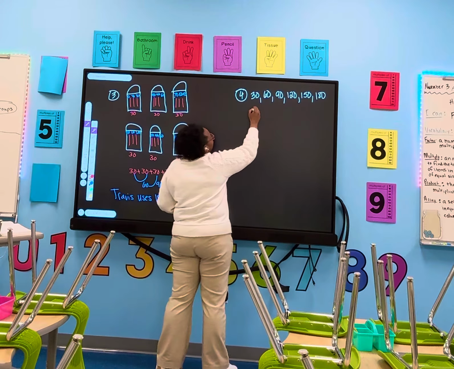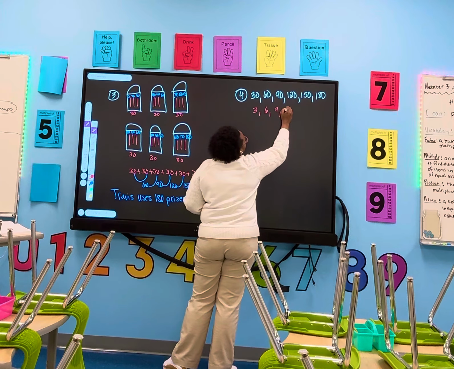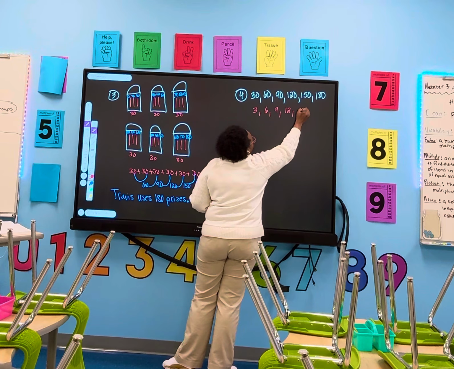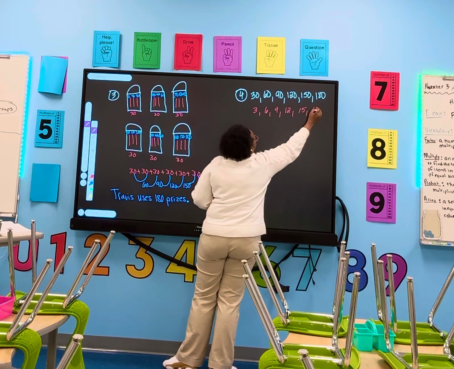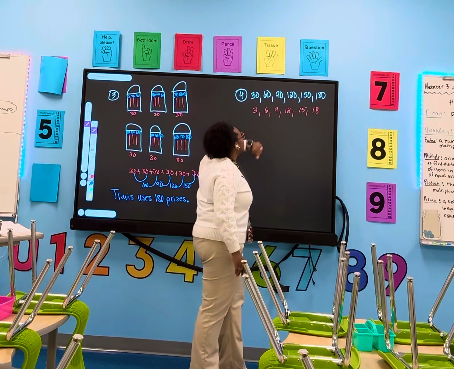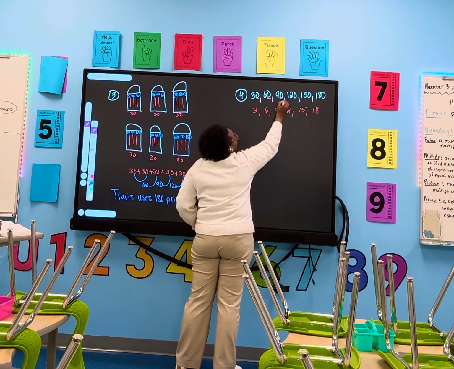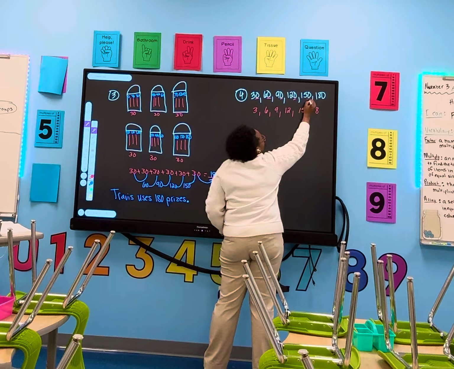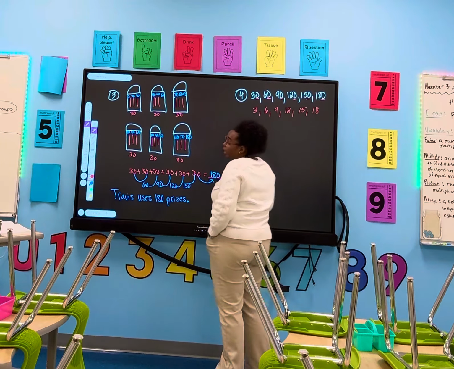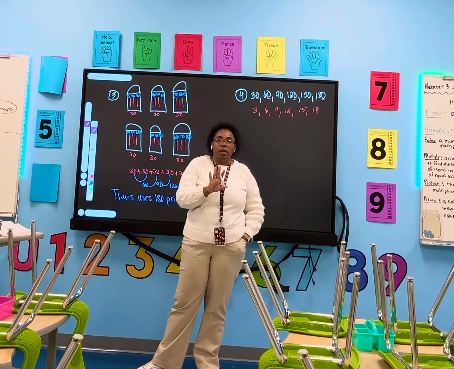So you have 3, 6, 9, 12, 15, 18. So they look exactly alike, but the only difference is when you have that 10, you have that 0. So you can skip count by 3s and still do this if you remember to put that 0 in.